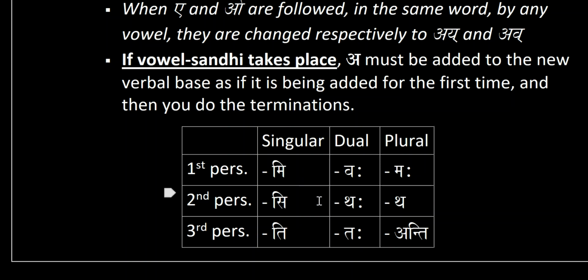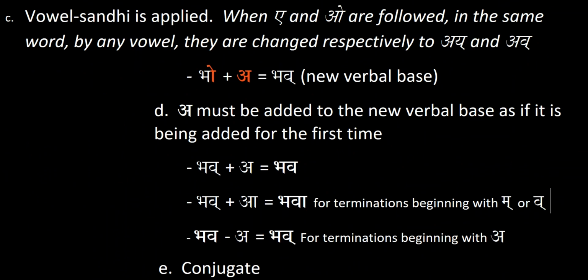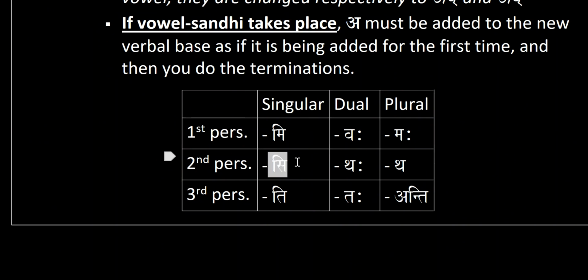So we can add bhava to si. Once you add bhava to si, it will become bhavasi. Then you'll have bhavataha, bhavata, bhavati, bhavataha.